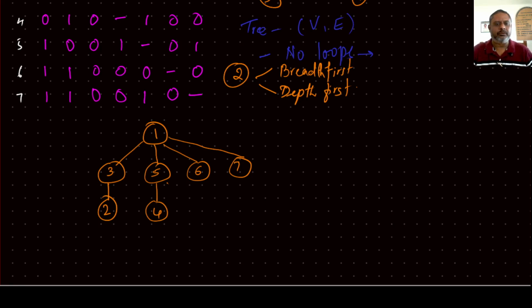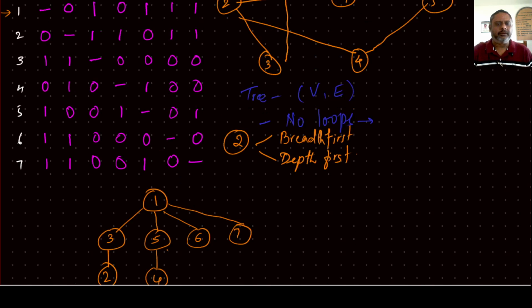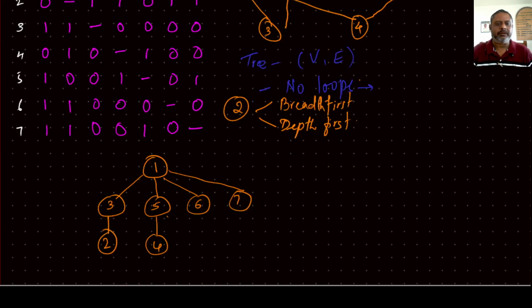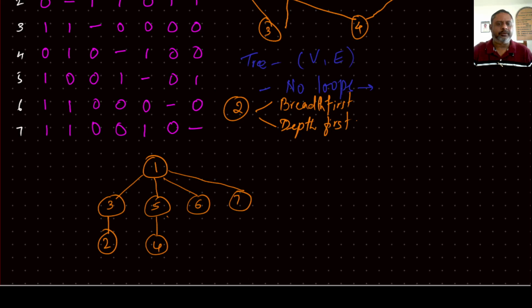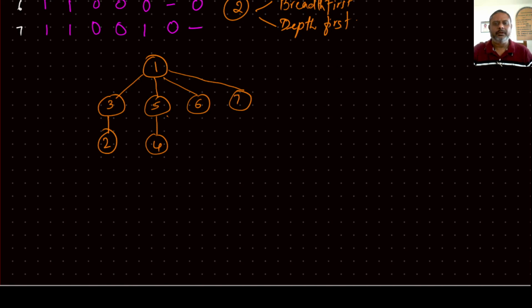Okay, then comes 6. From 6 you can go to 1, connected. From 6 you can go to 2, no, it forms a loop, so will not use. From 6 you can go to nothing else, over. So from 7 you can go to 1, from 7 you can go to 2, 1 is already connected, 2 you cannot connect. From 7 you can go to 5, which also is not possible.